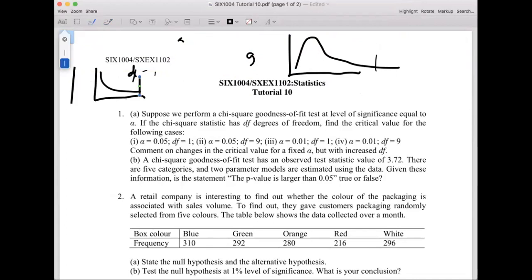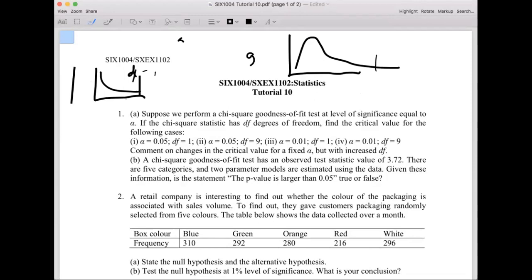So here's a 5%, right? Of course you see that for this case, when the degree of freedom is large, your critical value will go to the right-hand side, right? Even if you check the tables, you can actually see that, all right?